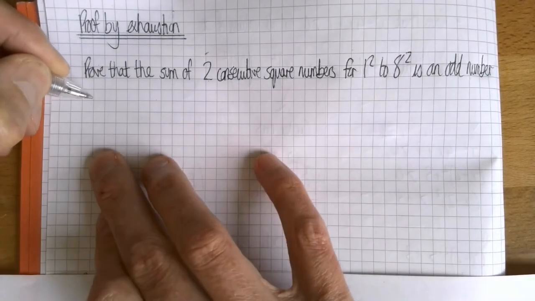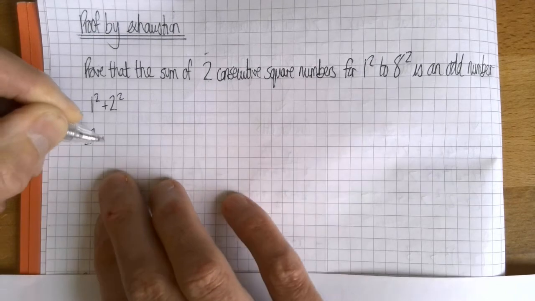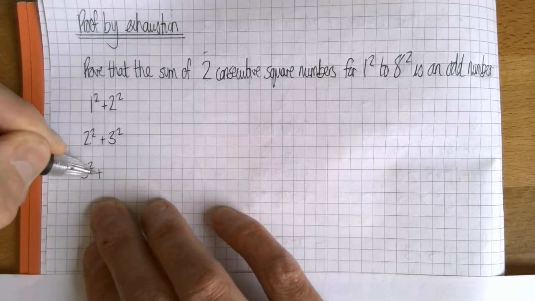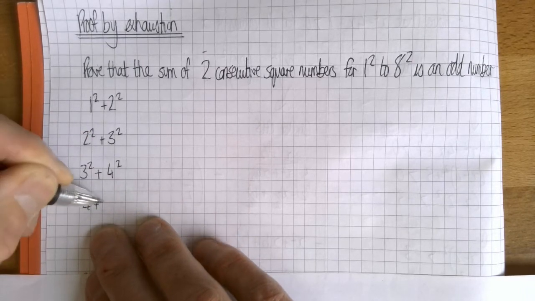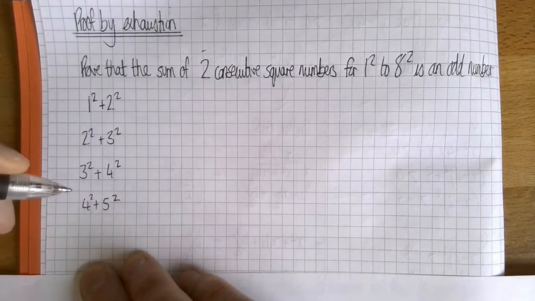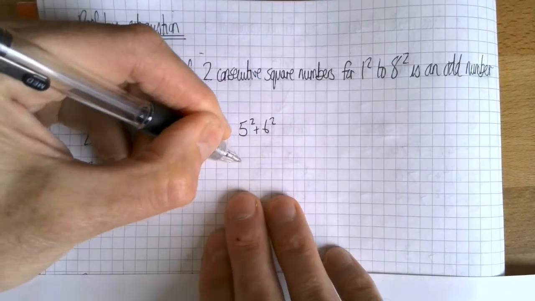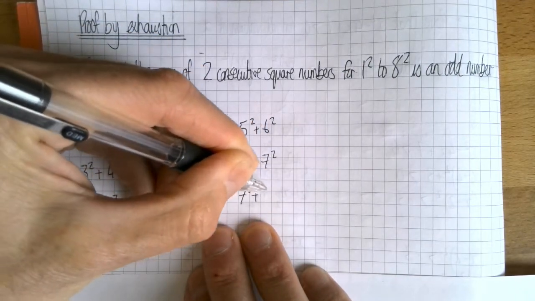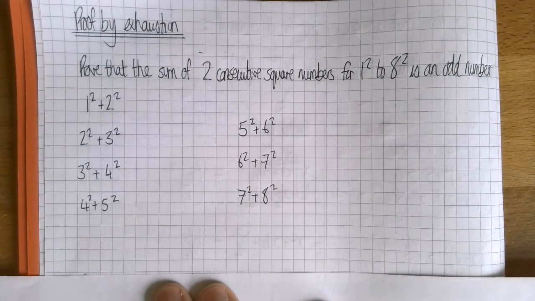So that can only be 1 squared plus 2 squared, 2 squared plus 3 squared, 3 squared plus 4 squared, you get the hang of this, 4 squared plus 5 squared, 5 squared plus 6 squared, 6 squared plus 7 squared, 7 squared plus 8 squared. So I will work all those out.